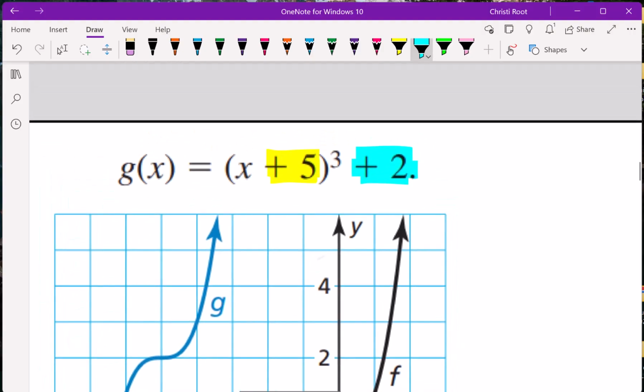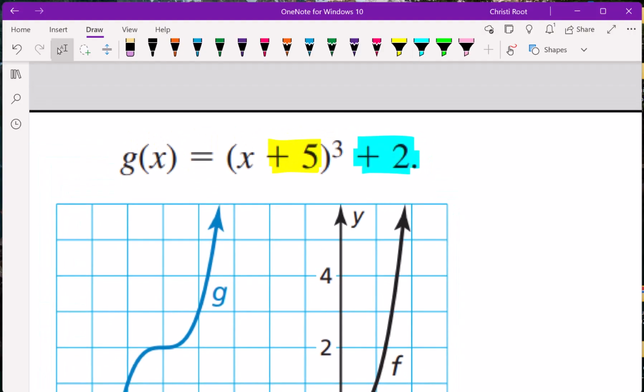So the +5, do you see how it's added to the x? It's different if it's added to the x in comparison to f of x. So I'm adding to x here, that's going to move it to the left 5. If it wasn't in parentheses, it would go up 5. The +2 is not in parentheses, so that's going to go up 2.